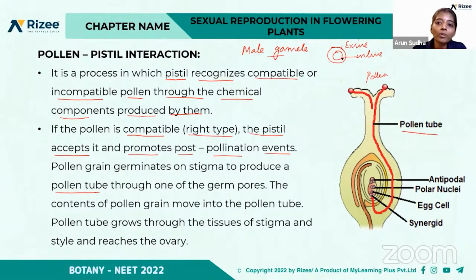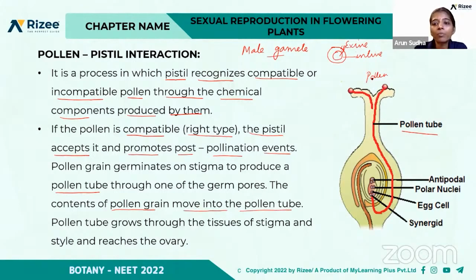So how is the pollen tube formed now? There occurs a formation of the pollen tube through one of the germ pores. The pollen tube comes out of the exine through the germ pore, and the contents of the pollen grain move into the pollen tube.